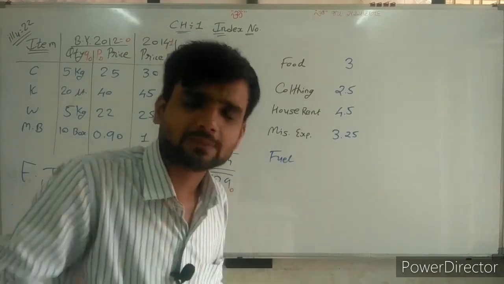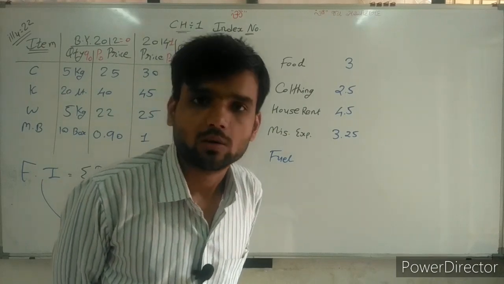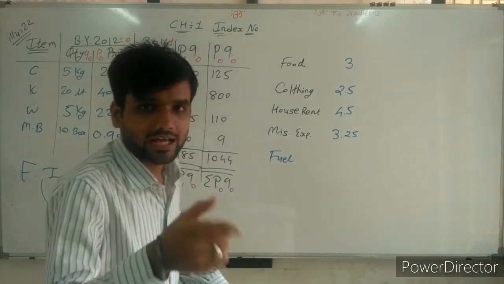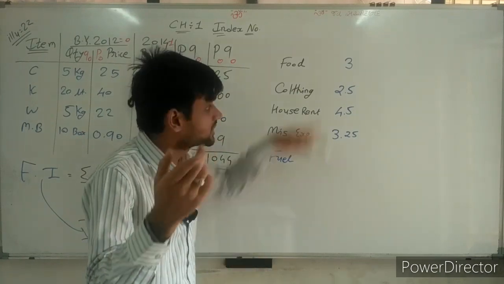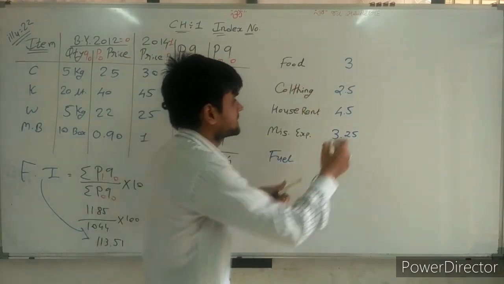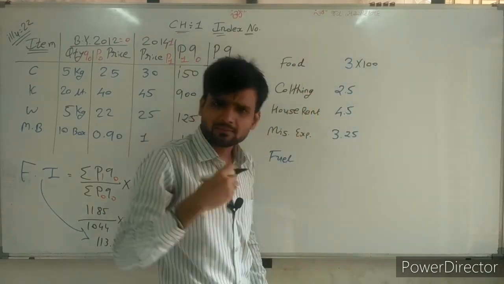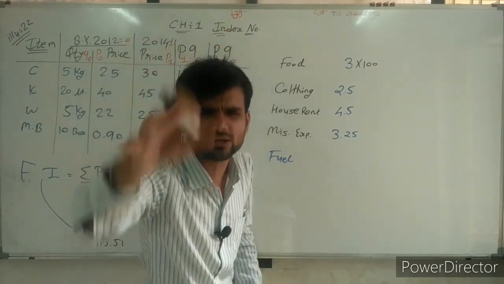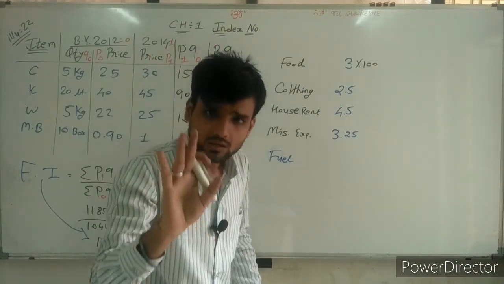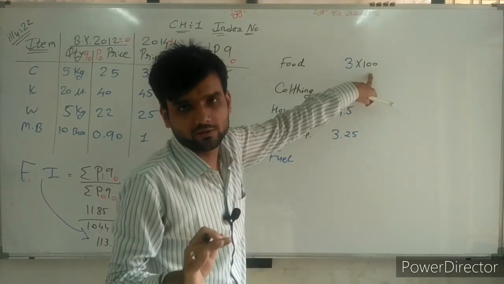Now 3 times, 2.5 times, 4.5 times, 3.25 times. Now what is meant by times? Times means multiplication. So I can say total expenditure is 3 times. It means 100 into 3. I am assuming 100. You can assume 200, 500, 700, whatever you want. But please, if possible, only assume 100.